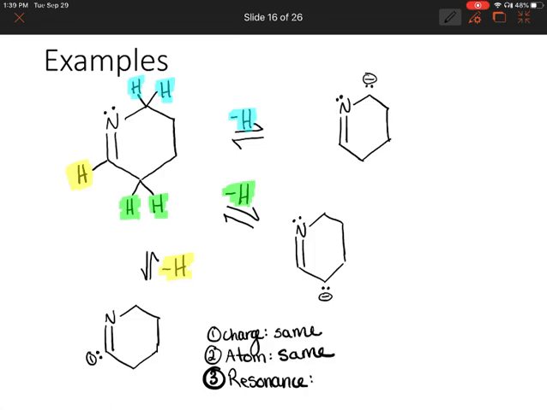Let's show what would happen if we move that lone pair of electrons down and then move the pi bond over. Now we have a sigma bond below nitrogen and a double bond above nitrogen.